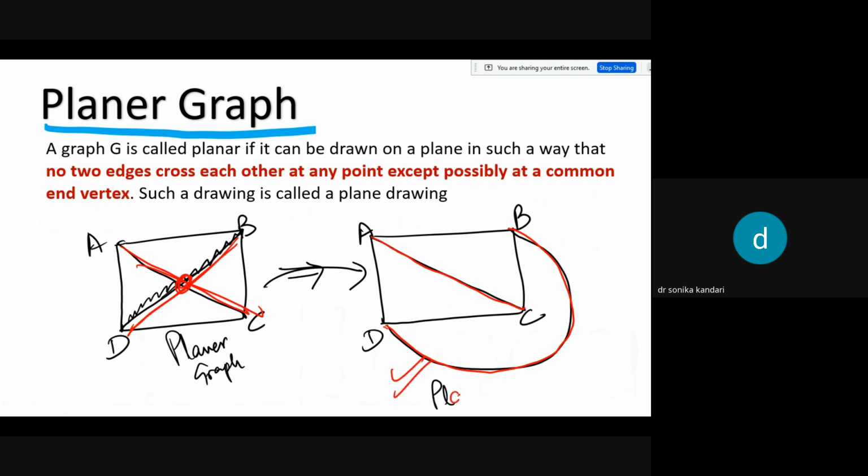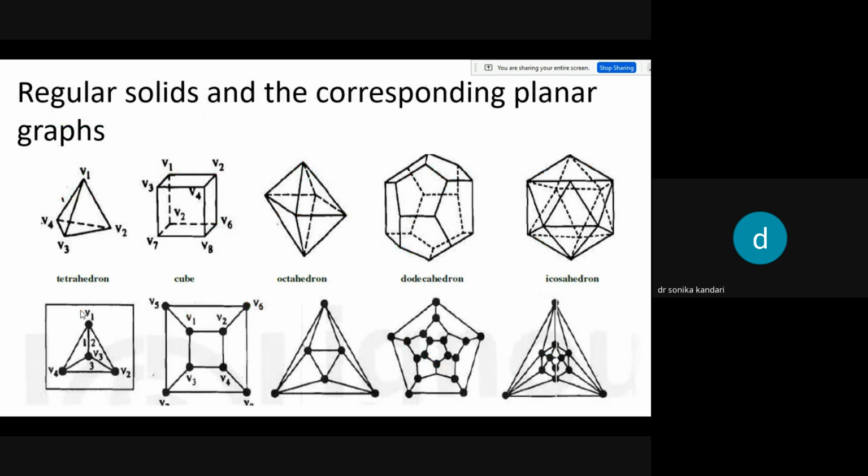So this is an example of a planar graph. A planar graph is a graph that can be drawn in this manner where two edges never cross each other. Is it clear? Now you know what a planar graph is.